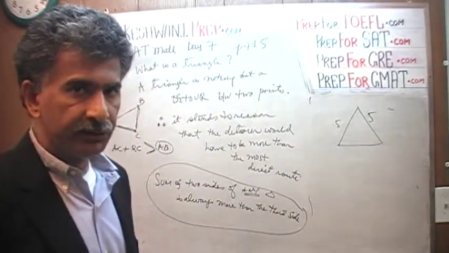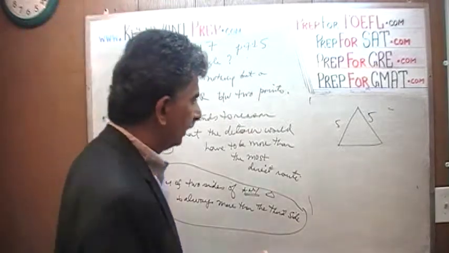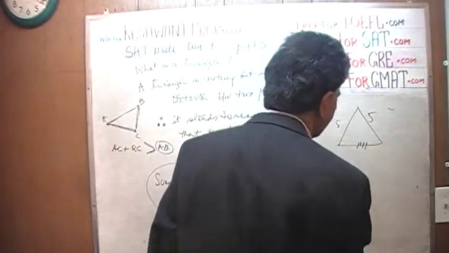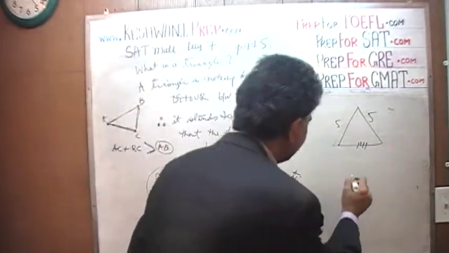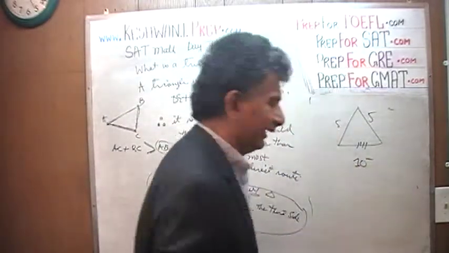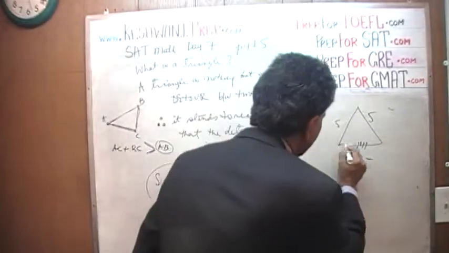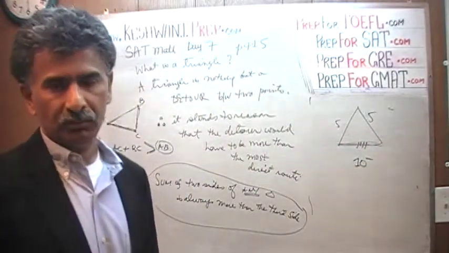Watch how difficult this question actually is. If you have a triangle with each side 5, then I do not care what the third side is. Whatever it is, it's got to be less than 10. The length of the third side cannot be 10 or more.